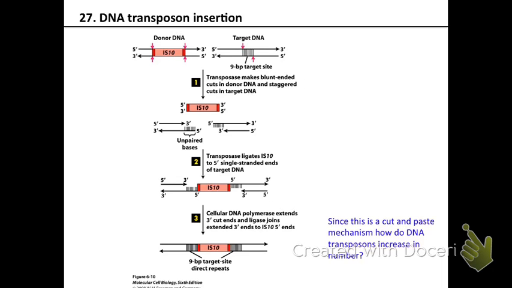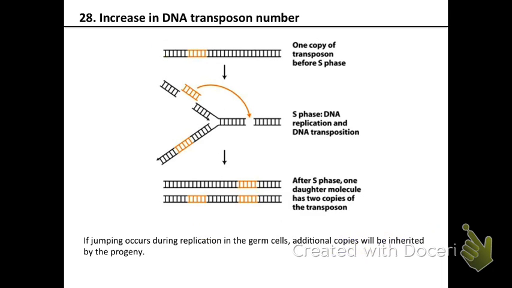All right. The way that it can increase in copy number is if this cut and paste mechanism occurs during DNA synthesis, in which, for example, the DNA replication fork goes in this direction, replicating and making this new DNA molecule and that new DNA molecule, right? And let's say that it replicated this DNA, and then this DNA transposon decided to jump from the replicated region of the genome to an unreplicated region, right?